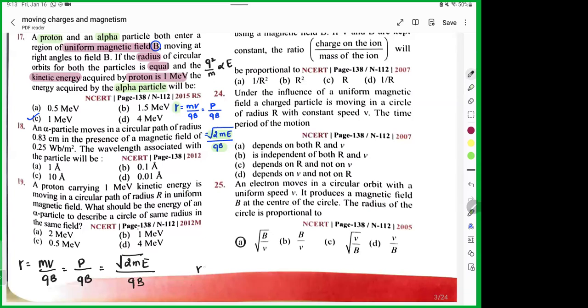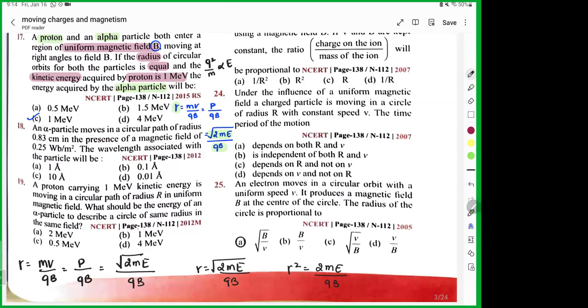So your R formula is equal to under root 2mE by qB. Or if you square both sides, R square is equal to 2mE by q square B square. You know your magnetic field is constant.